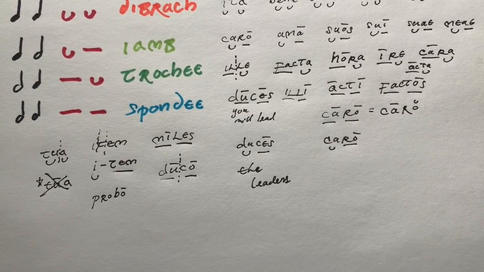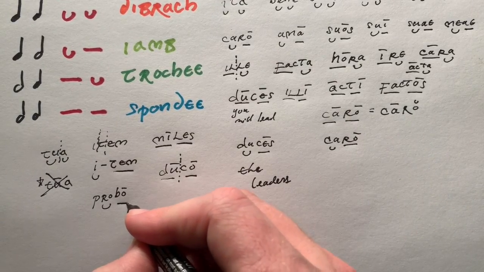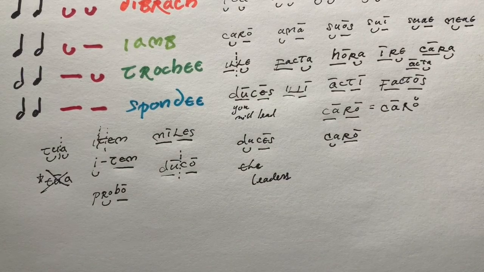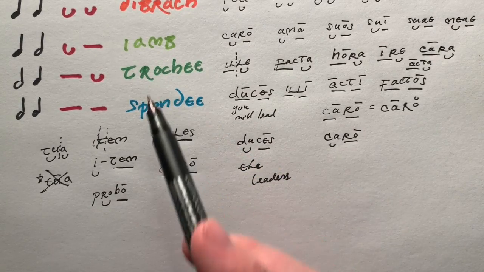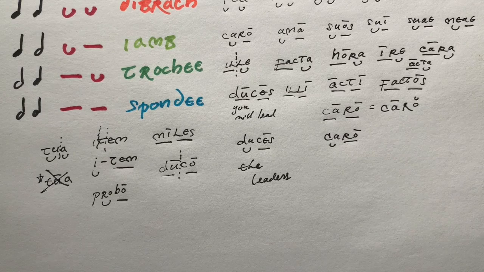What about this one? Probo, probo. It is an iamb, probo. Very good. Again, how would the incorrect pronunciation of this be? And I'm emphasizing that because it's very, very common for speakers of English, German, even Spanish to mispronounce iambs as trochees, or occasionally a dibrach.